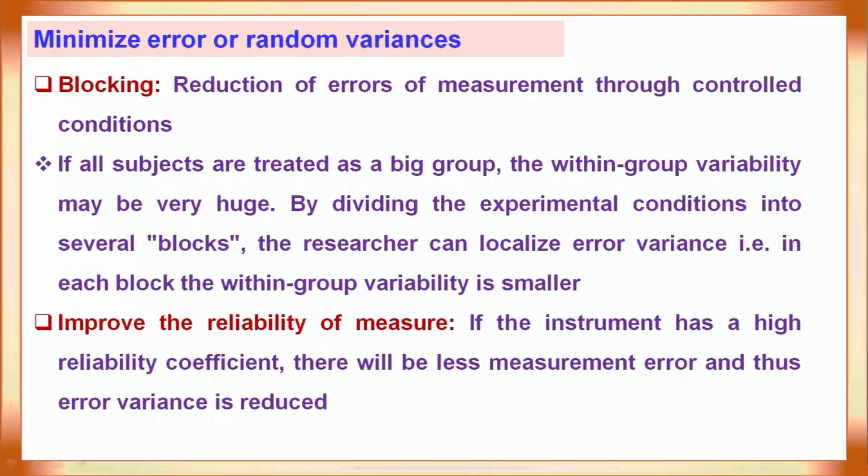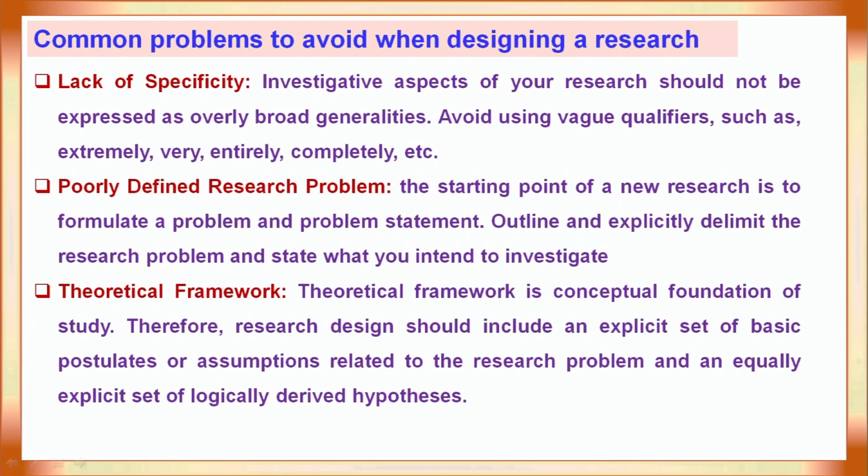In social scientific research, reliability is a very important aspect that the researcher should be very careful about. If the instrument is reliable enough, there is less chance for error variance to creep in.